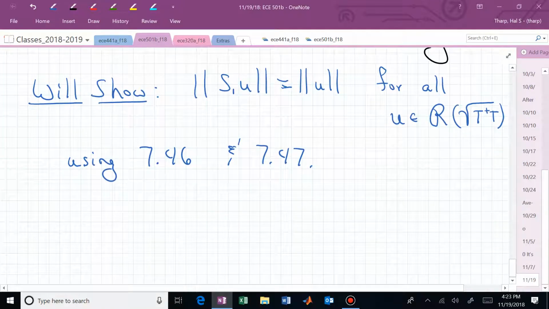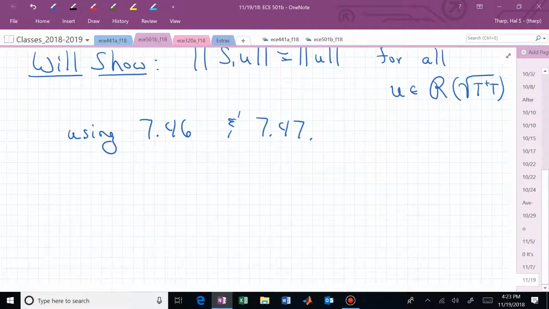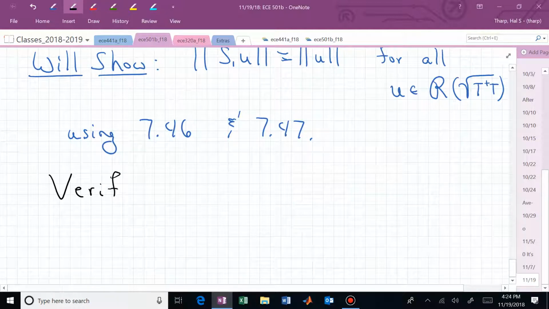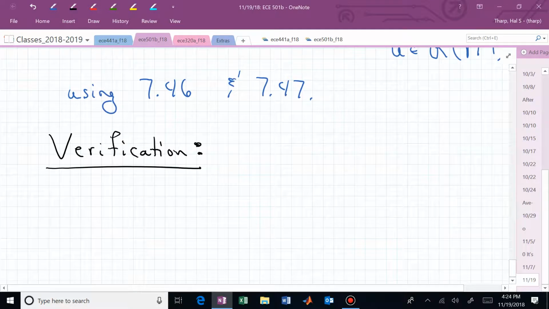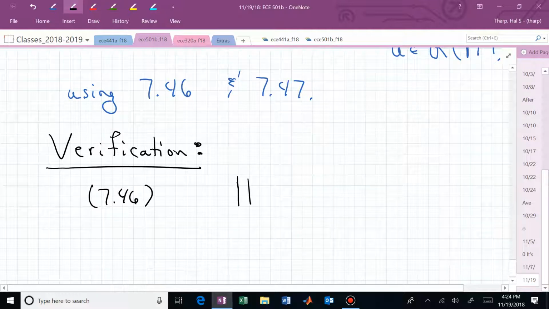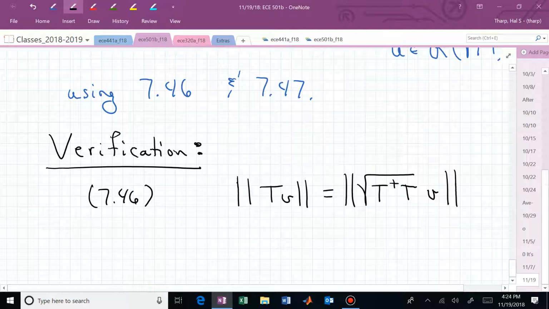Let me just write down what those expressions are, as we've already talked about 46. 46 was what we started today with, saying that the norm of Tv was the same as this positive operator, T dagger T, applied to v.